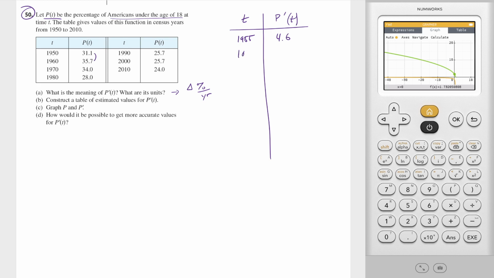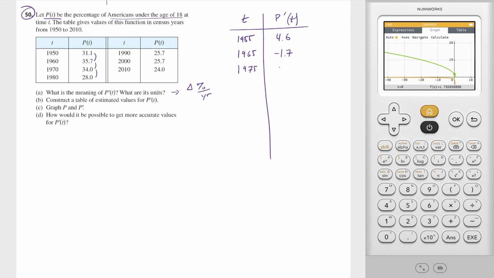And then 1965 is a negative 1.7. 1975. We've gone down a lot there.